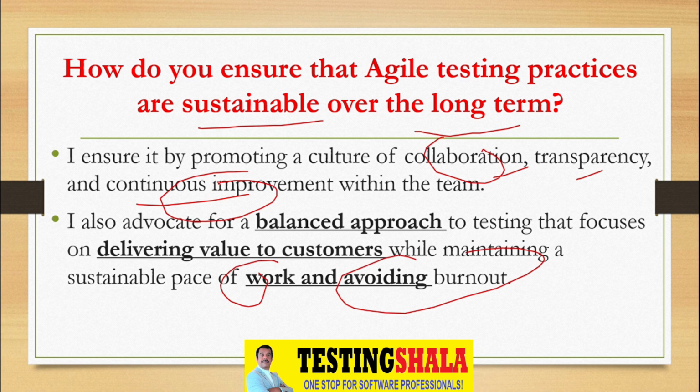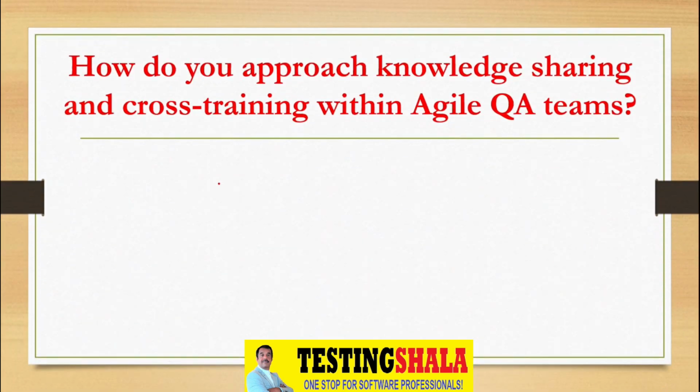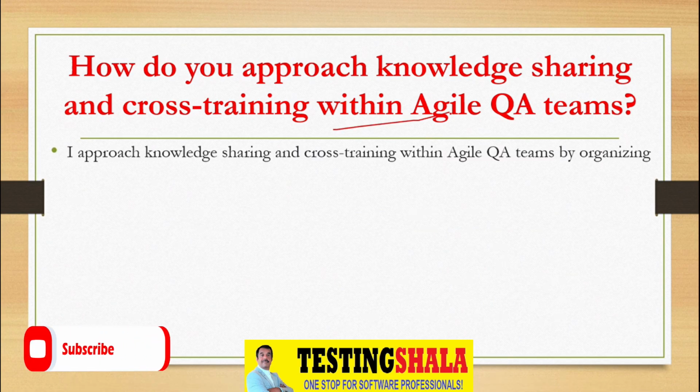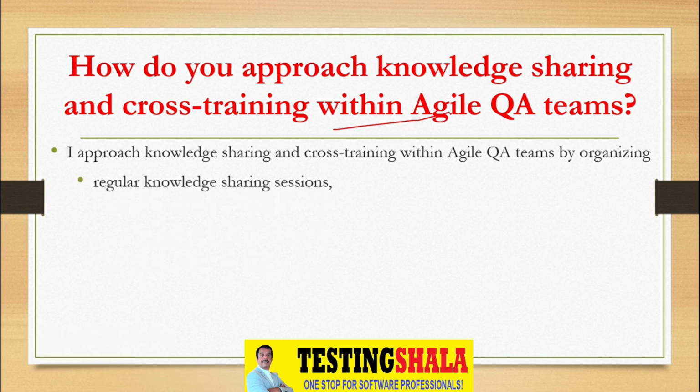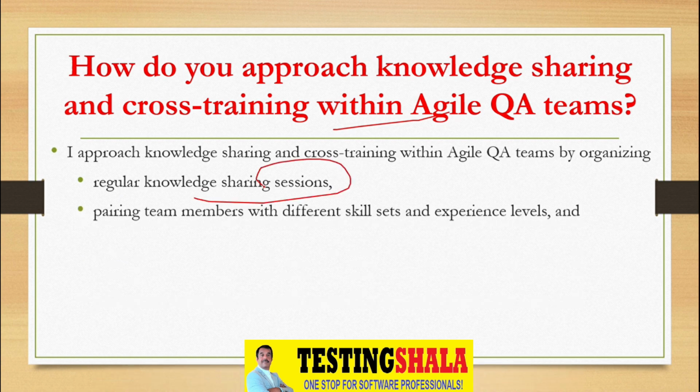How do you approach knowledge sharing and cross-training within the Agile QA team? Knowledge sharing and cross-training are very much needed within the organization. By doing regular knowledge sharing within the team, by having sessions, and even by pairing team members with different skill sets and experience levels, you can organize the sessions.